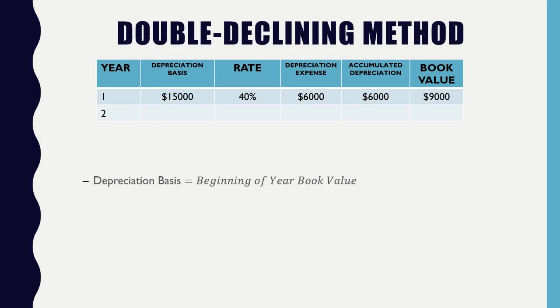So our book value for year 2 comes from the previous year that we solved earlier, which means we start with $9,000. Any questions in regards to this piece of information?